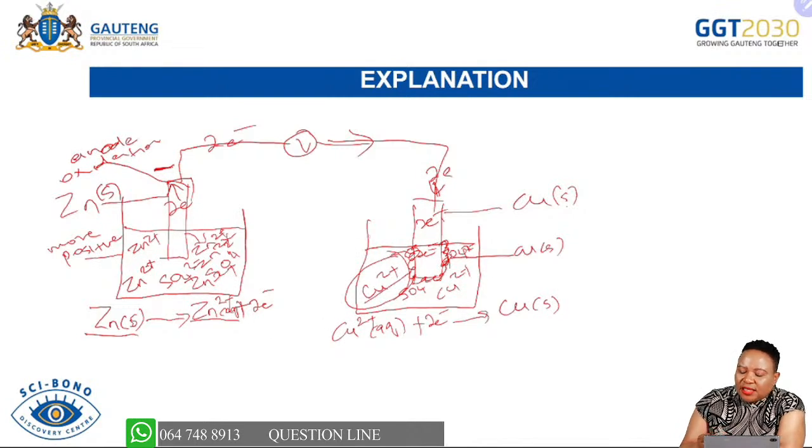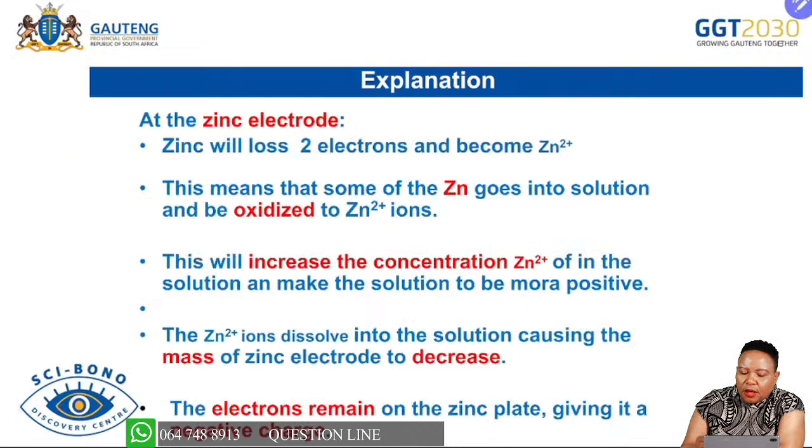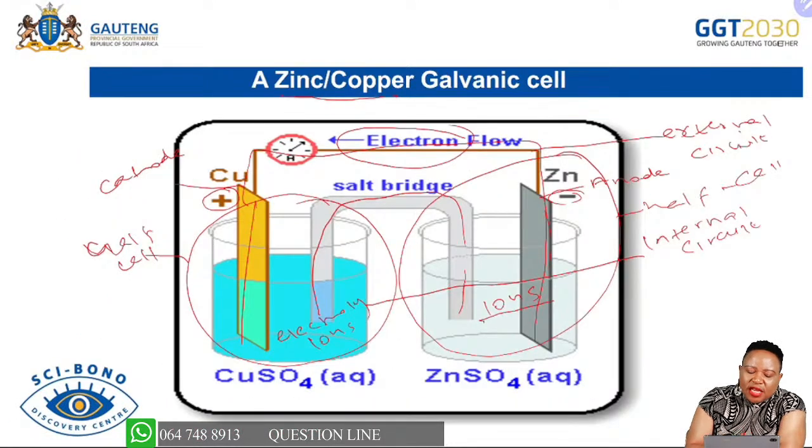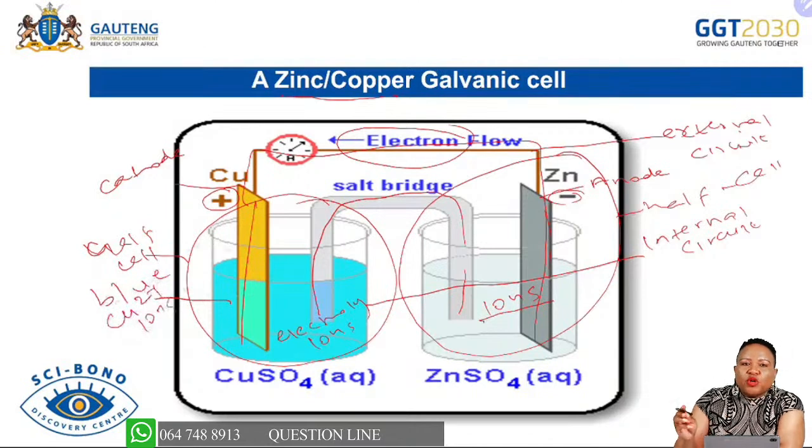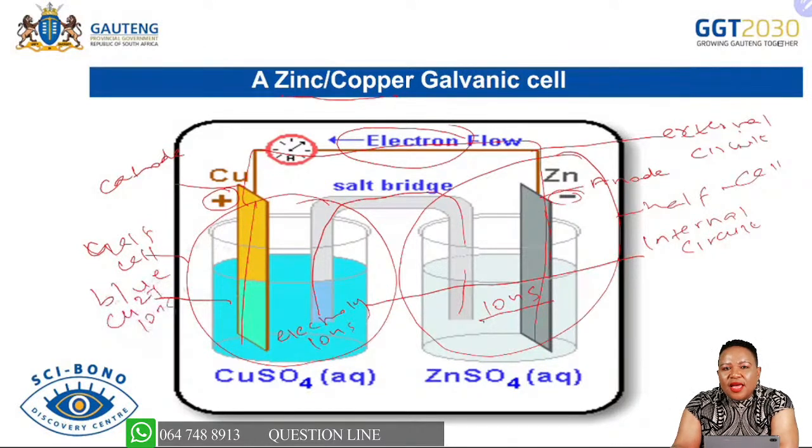Now you can see, let me just go back, that the color of our solution was blue. The reason the color is blue is because of the copper 2+ ions. So the copper 2+ ions are the ones that make the color of copper sulfate blue.